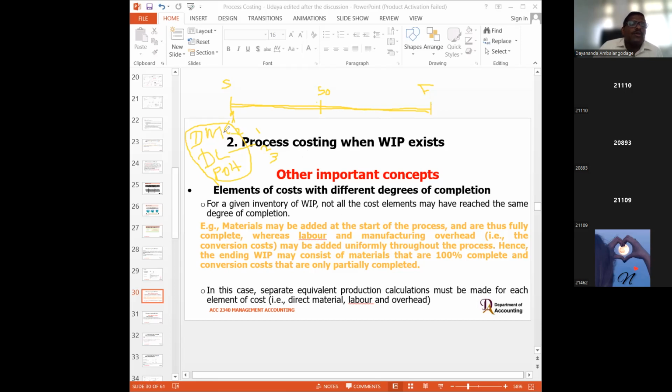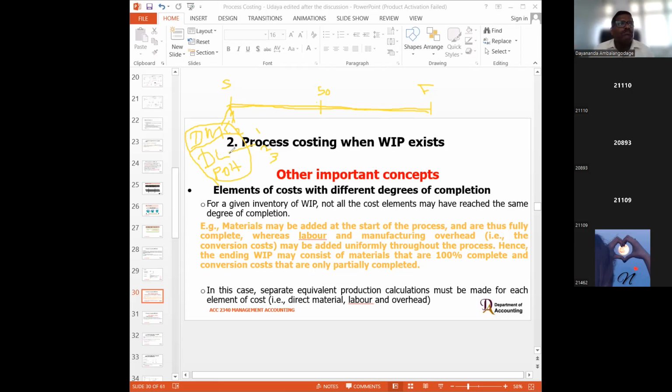If you are a furniture manufacturing company, you prepare tables. When you prepare the tables, of course, you will add the material at the beginning. When you take the WIP at whatever stage in your timeline, material wise, the wood wise, it is 100% completed.